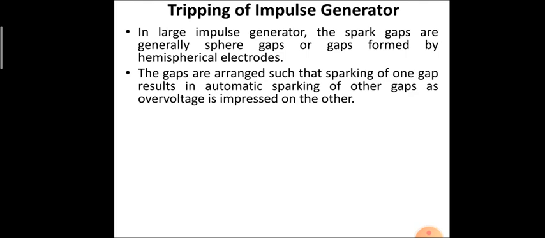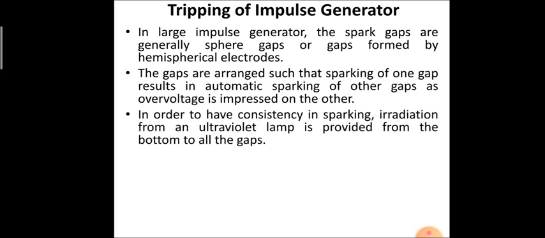In order to have consistency in sparking, irradiation from an ultraviolet lamp is provided from the bottom to all the gaps. So the ultraviolet lamp, which can trigger the sphere gaps, is the additional circuitry which is required.